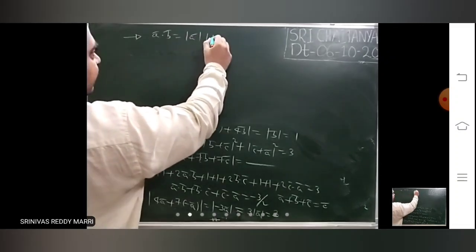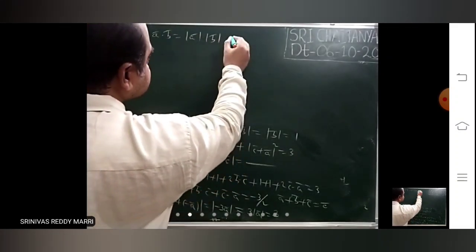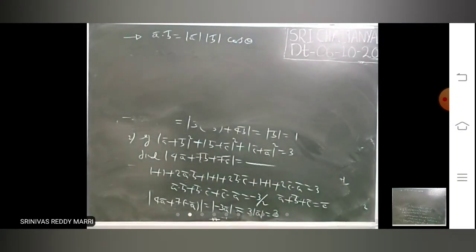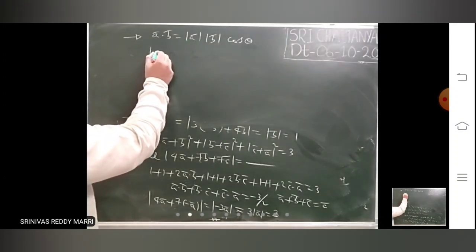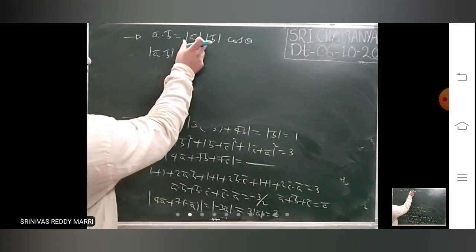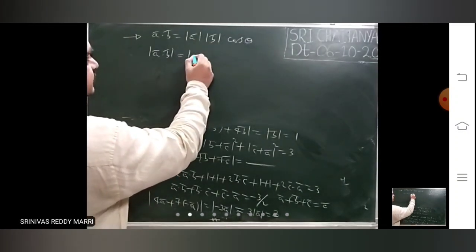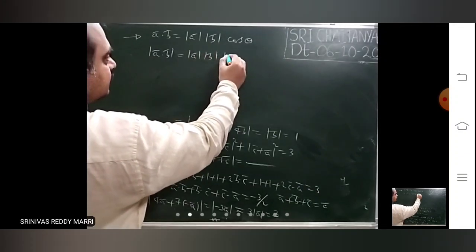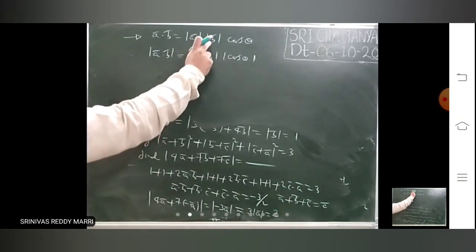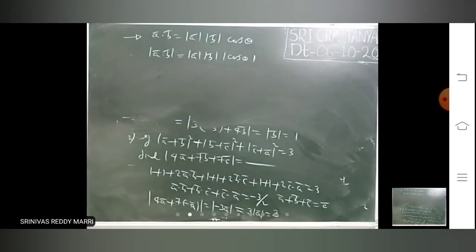So A dot B we have defined like this: modulus A bar into modulus B bar into cos theta, the dot product. Now suppose modulus of A bar dot B bar is nothing but modulus A bar into modulus B bar into modulus cos theta, because modulus means it is positive.